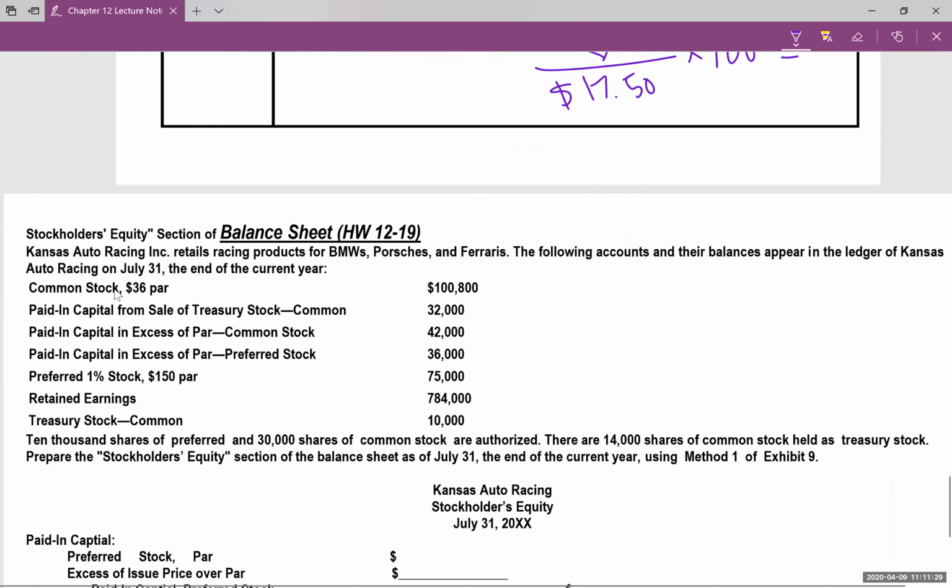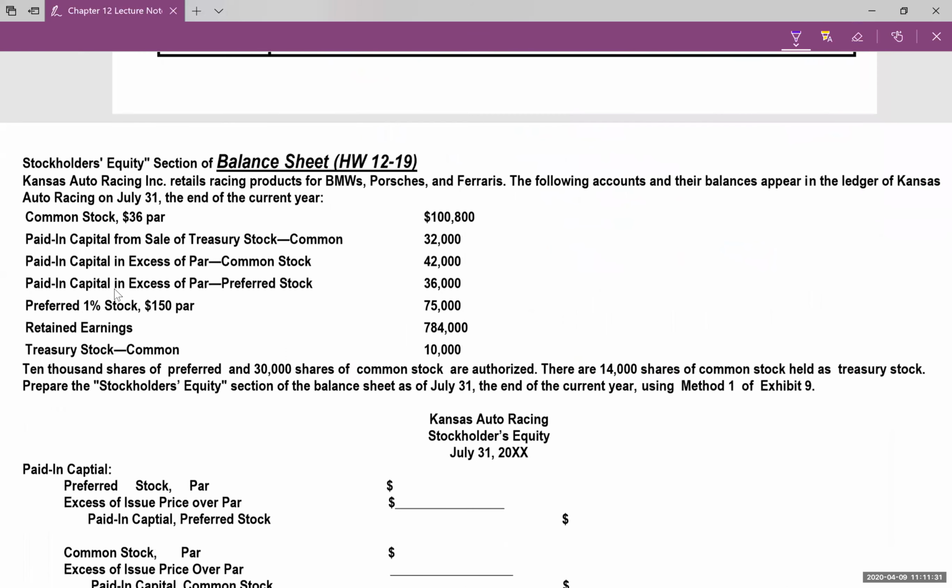Okay, finally, on this page, this jumps back to homework problem 1219. And basically, it gives you all this information. Kansas Auto Racing retails products for BMWs, Porsches, Ferraris, and the following accounts and their balances appear in the ledger. We got common stock, and we got treasury stock.